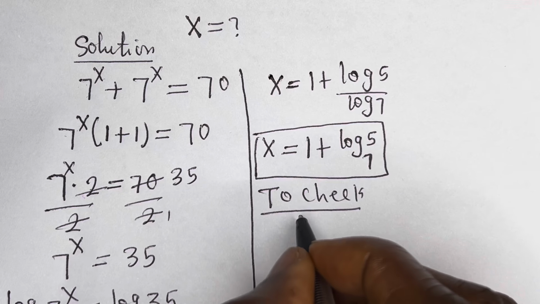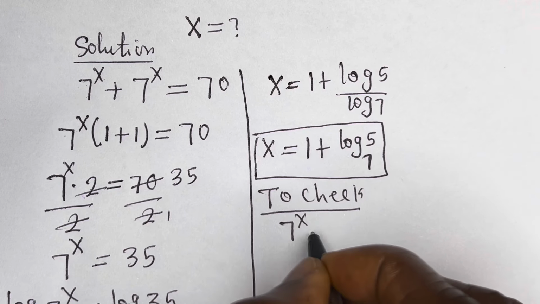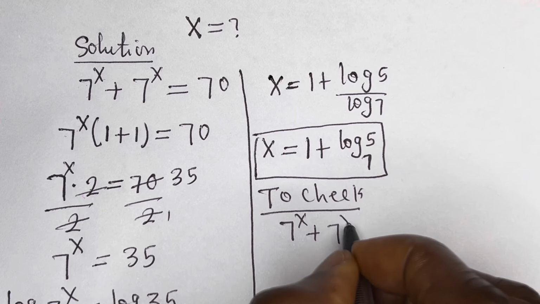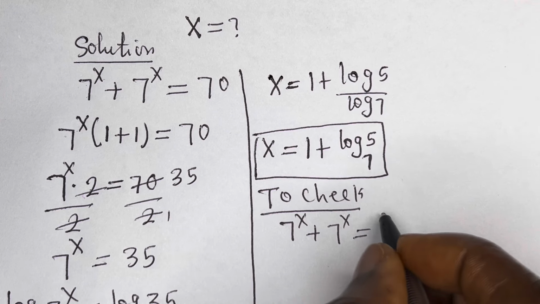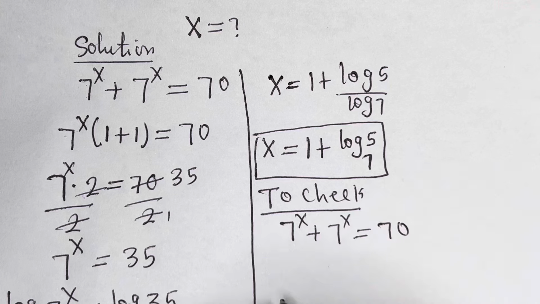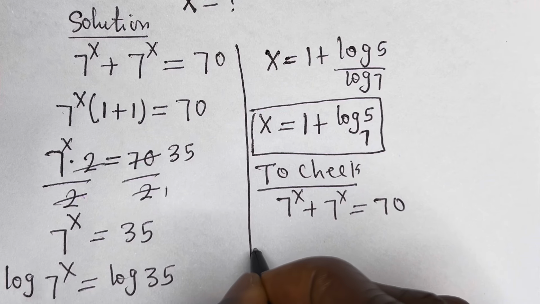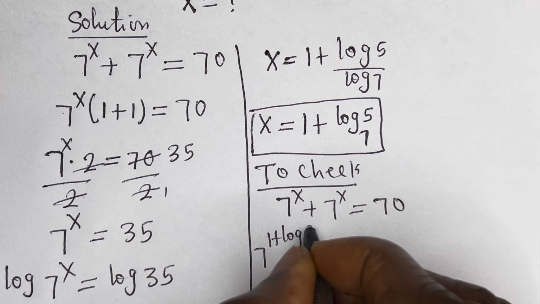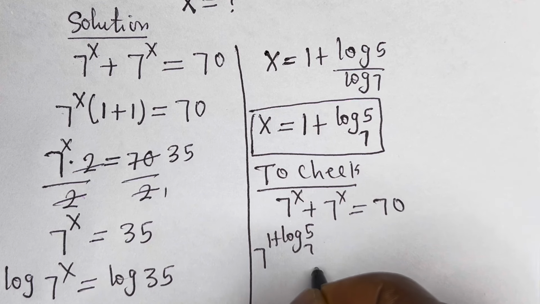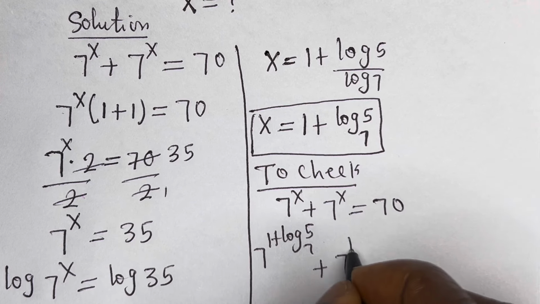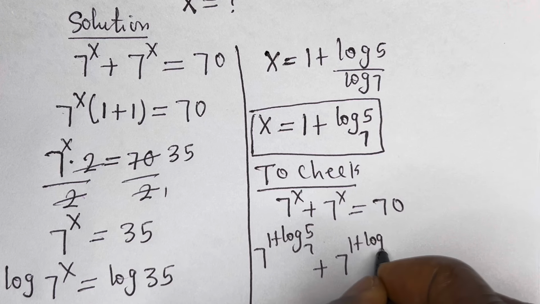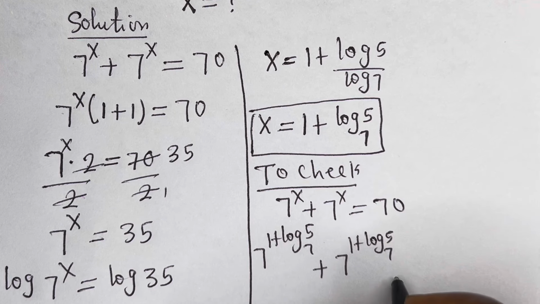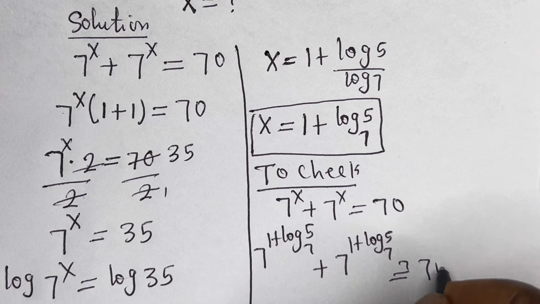To check, we have the given equation 7 raised to power s plus 7 raised to power s is equal to 70. This is 7 raised to power 1 plus log 5 base 7 plus 7 raised to power 1 plus log 5 base 7 must be equal to 70.